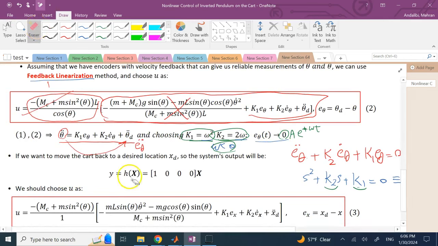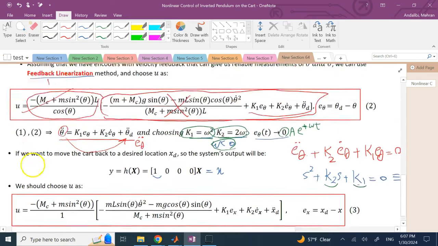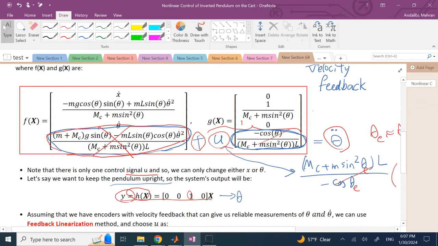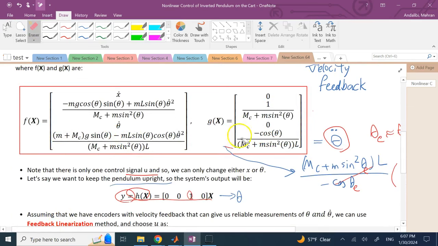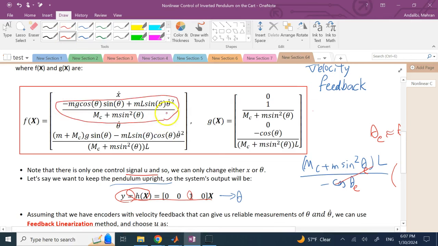Similarly, if you have your x as the desired variable, so it's going to be 1, 0, 0 times x in this case, then you do exactly the same thing as last time, except this time the equation that you use is the second equation. So this time it is going to be this term plus u times this term is equal to x double dot.